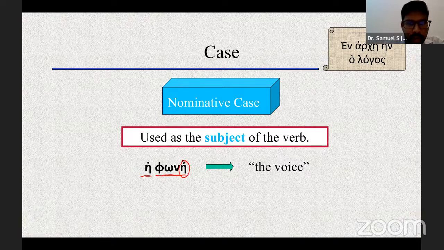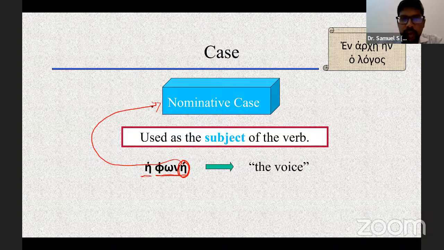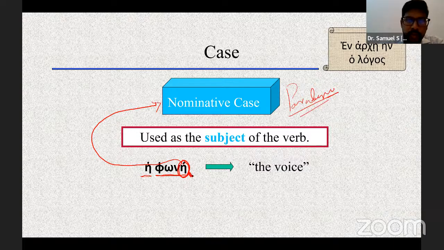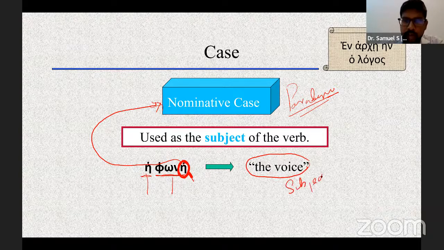This ending here is telling us that it is nominative case. Later on, when we come to paradigms, you will see other endings which show other cases, but the ending here is telling us that it is nominative case, which means that the meaning of he phone is the voice as the subject.